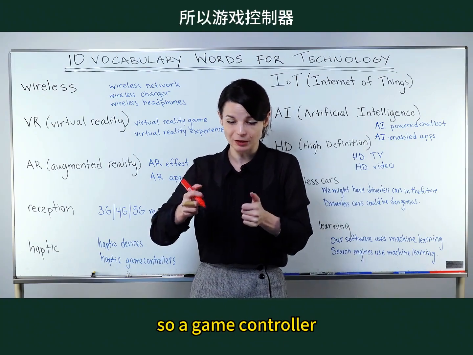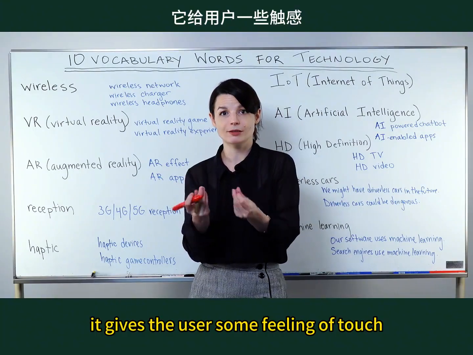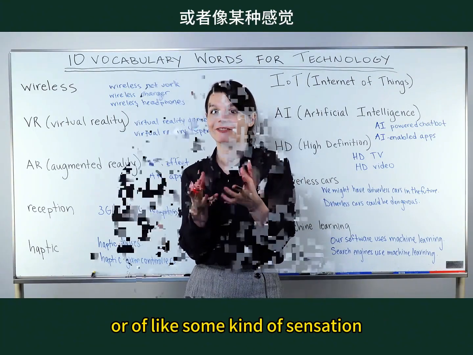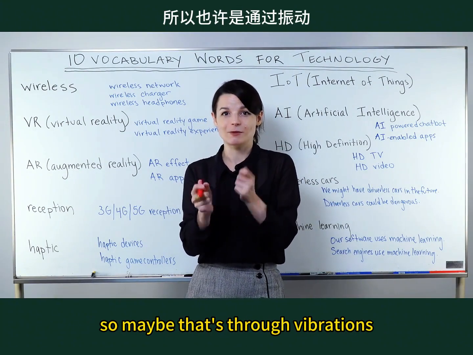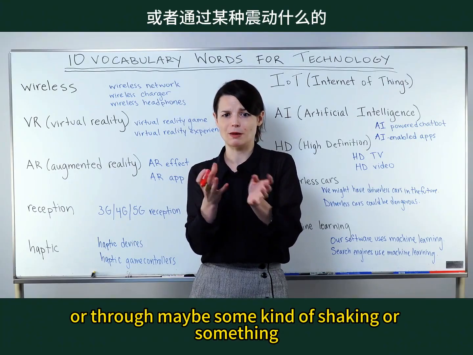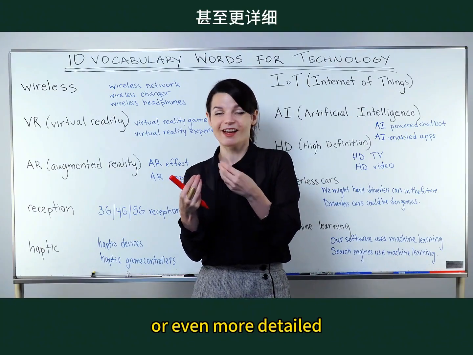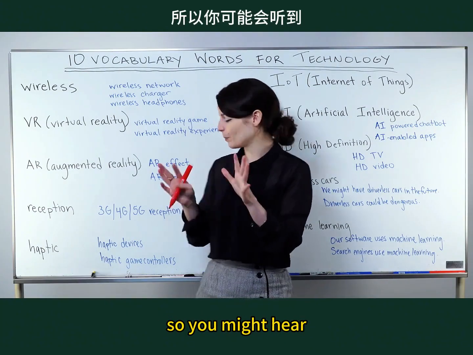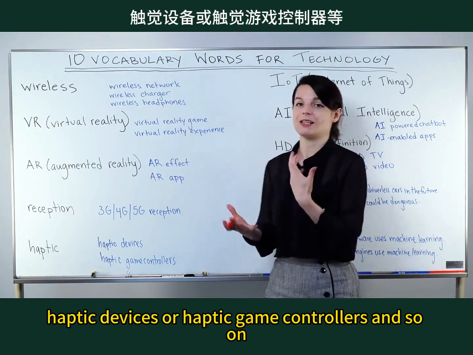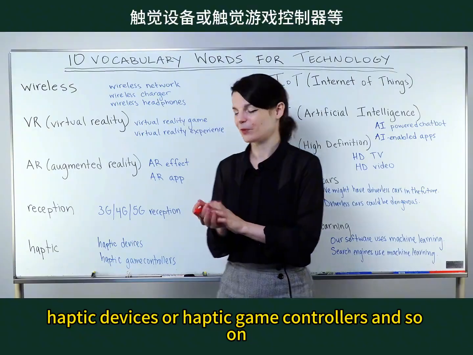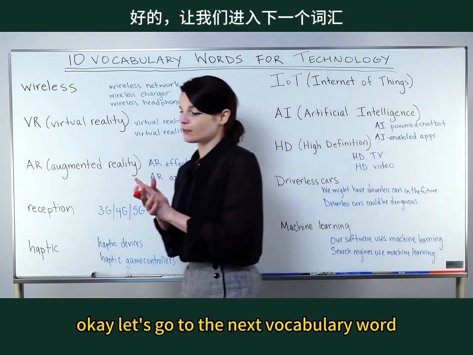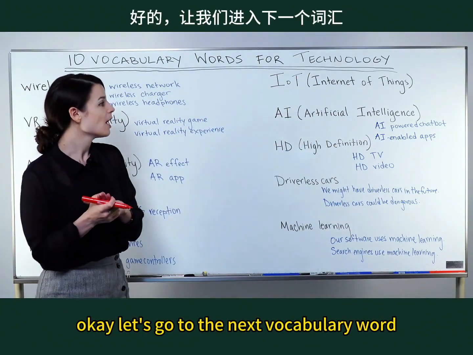So a game controller that gives the user some feeling of touch or some kind of sensation. Maybe that's through vibrations or some kind of shaking, or even more detailed haptic technology. So you might hear haptic devices or haptic game controllers and so on. Quite interesting.